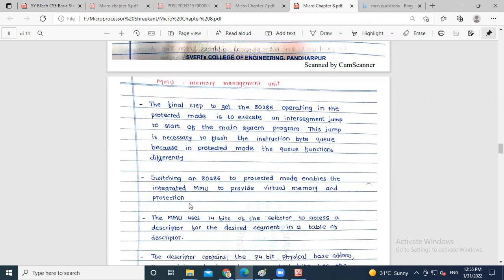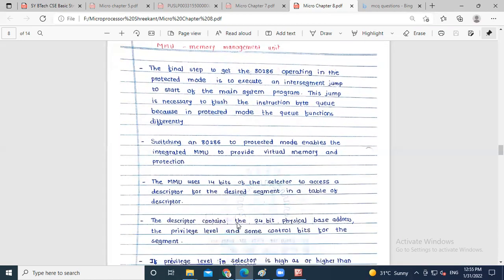So the switching of the 80286 to protected mode enables the integrated memory management unit, which provides virtual memory and protection. That virtual memory and protection uses 14 bits for the selector to access the descriptor for the desired segment.